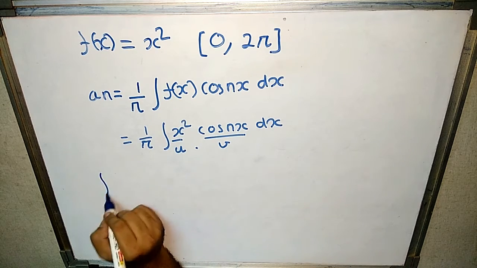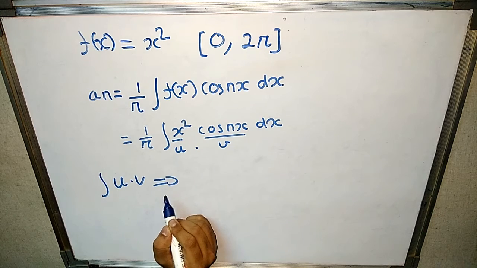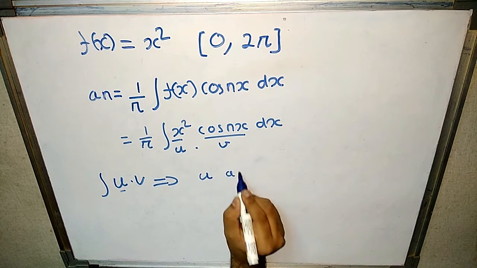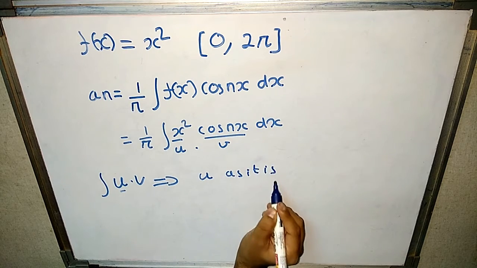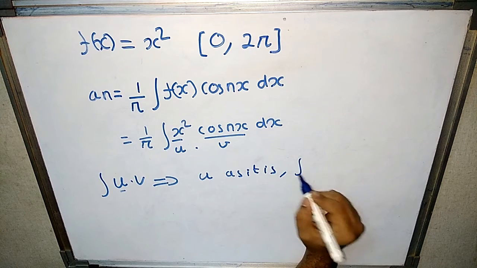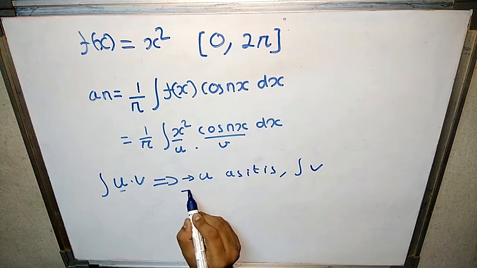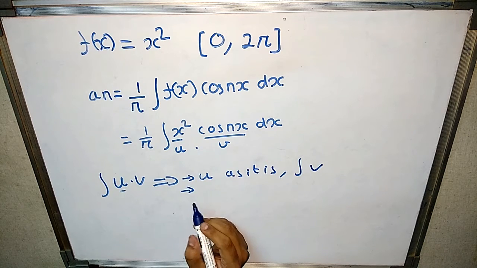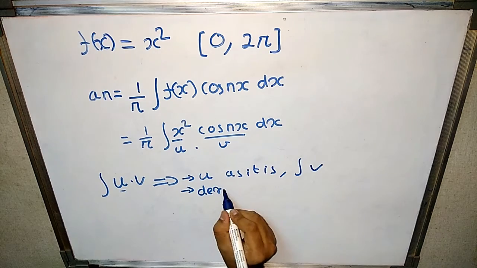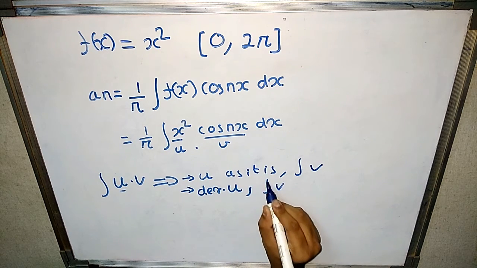So integration of u into v is given as, keeping first term, that is u as it is, and integration of v. Second step further, derivative of u and integration of v.